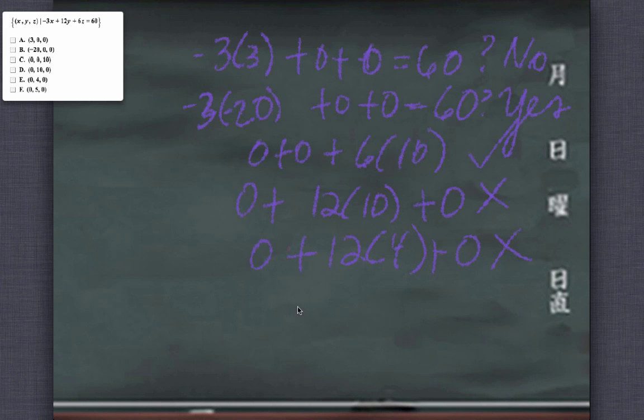And the last one we put in 5 for y, so 0 plus 12 times 5 plus 0, and that does. So those are the 3 solutions where either x is negative 20, or y is 5, or z is 10. But of course there are infinitely many solutions where it's not the case that 2 of them are 0.